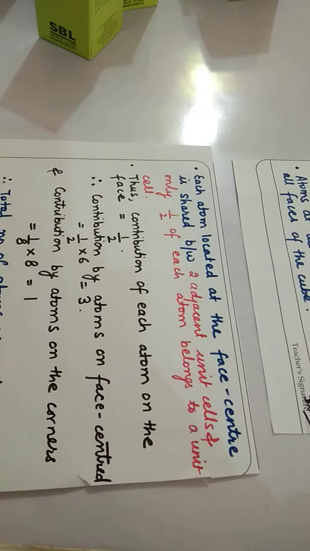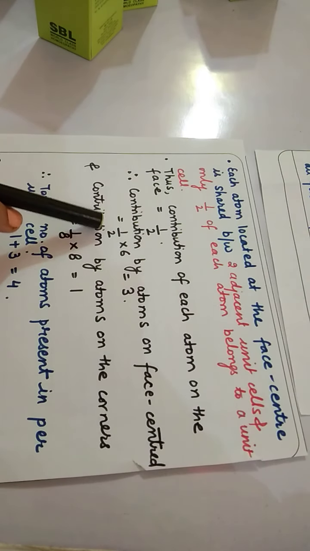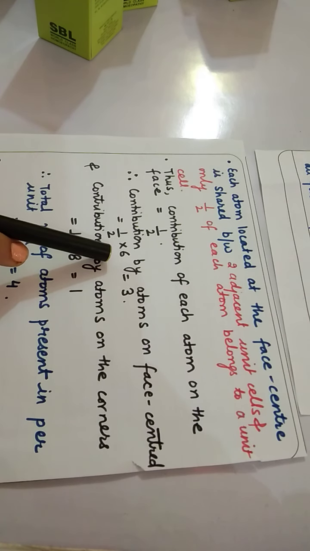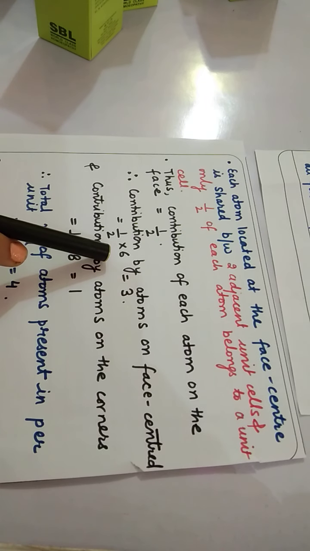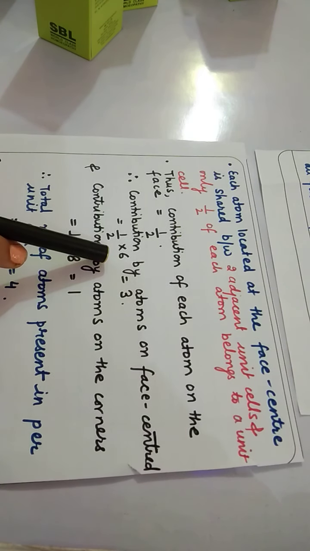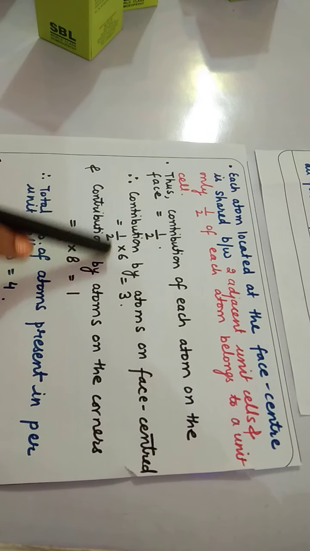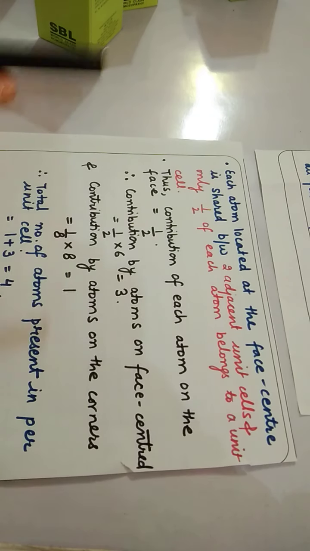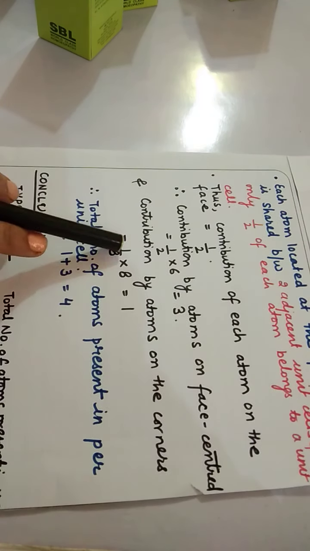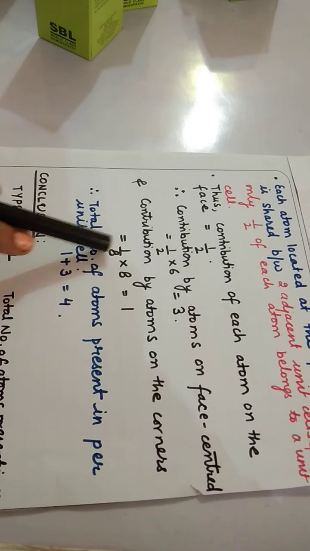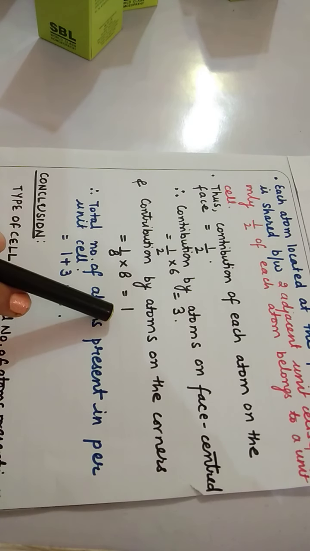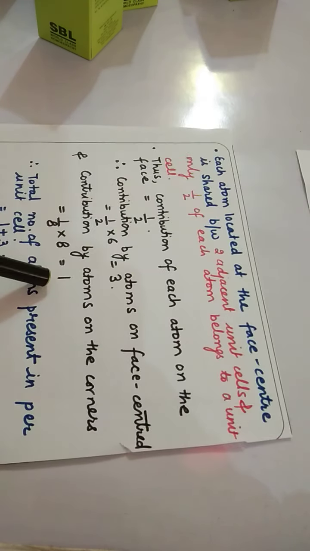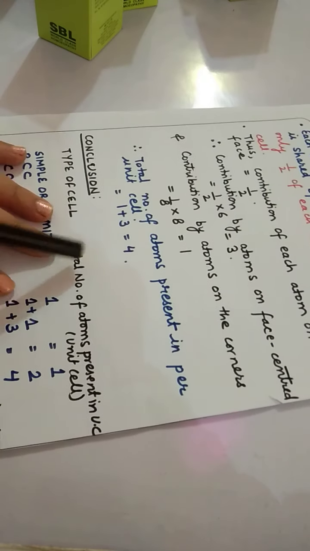At the centers of the 6 faces we have 6 atoms, so 6 into half is equal to 3. And again we have corners also. For corners it is always 1/8 into 8: we have 8 corners, and contribution is 1/8 per atom, which is equal to 1. So the total number of atoms present in the unit cell is 1 plus 3, that is equal to 4.